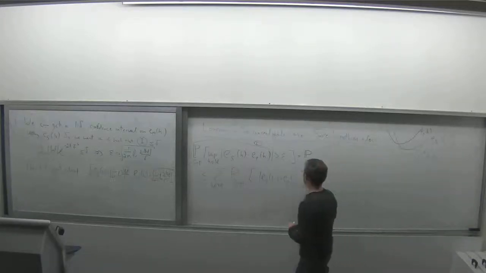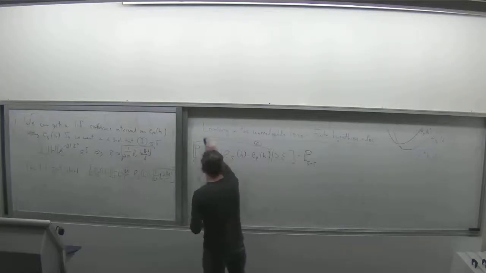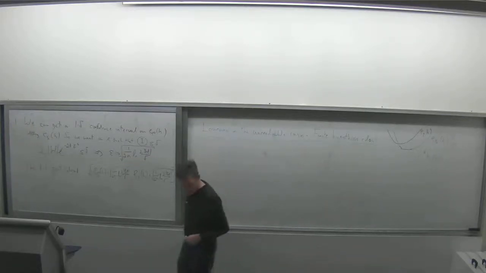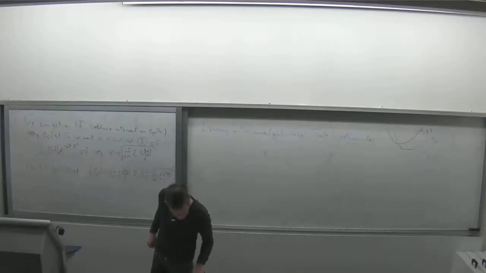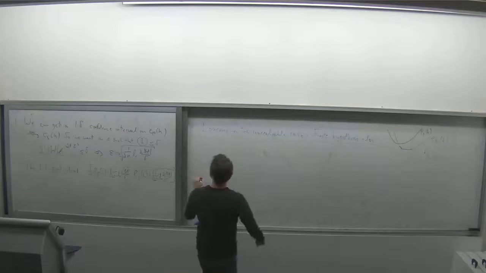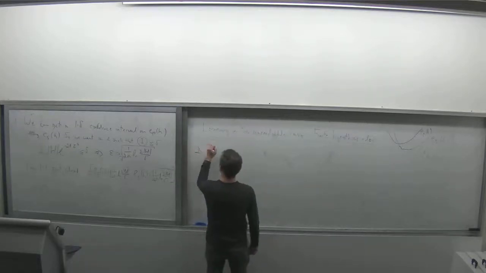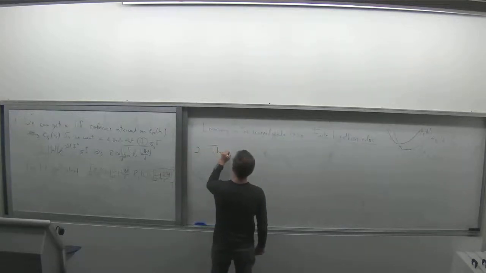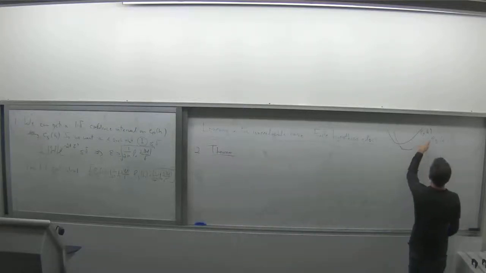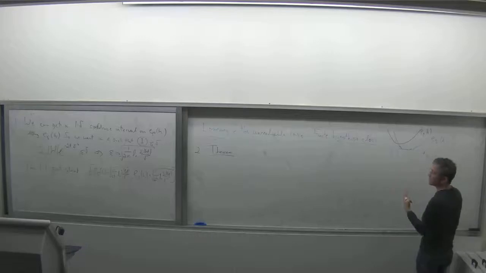So this is one nice thing that we get. What's the other? The other is the theorem that I mentioned at the end of last class. Let's say we take this training error and minimize it.